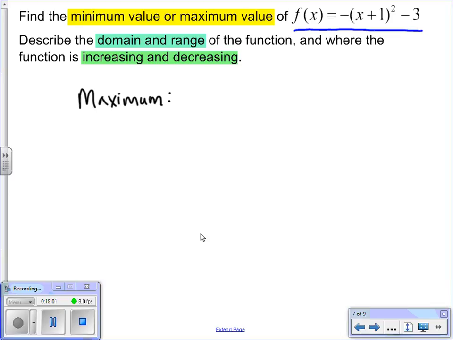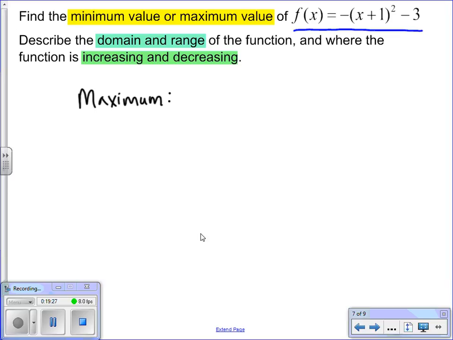So where is the maximum? If you look back at our notes, the min and the max are represented by the vertex. So all we have to do to identify the maximum is pick out the vertex. What's the vertex of this function?